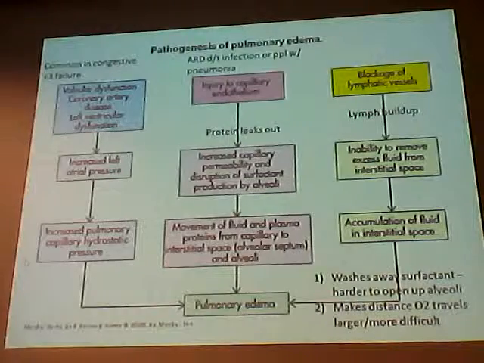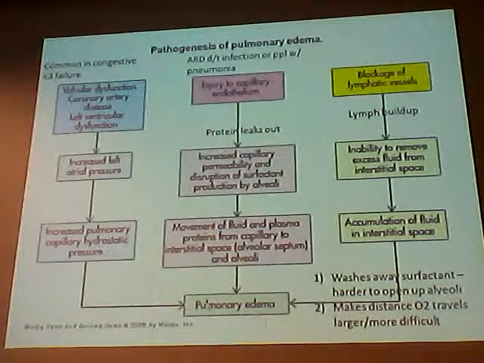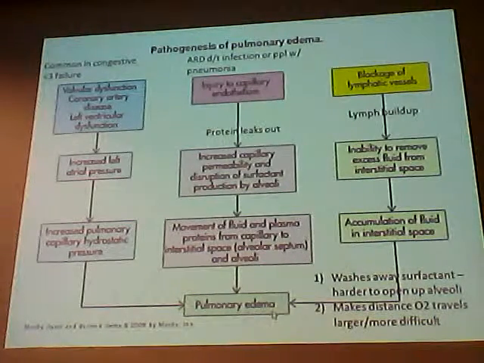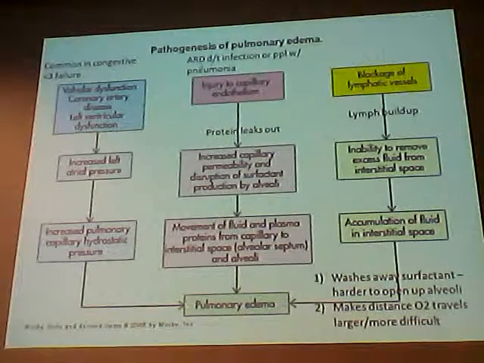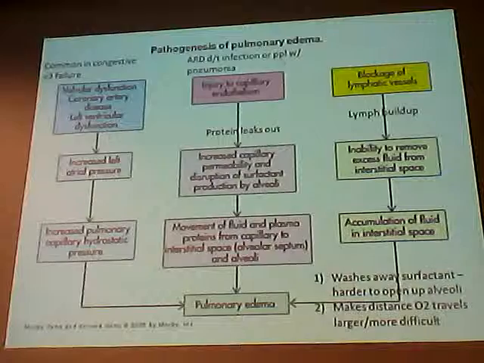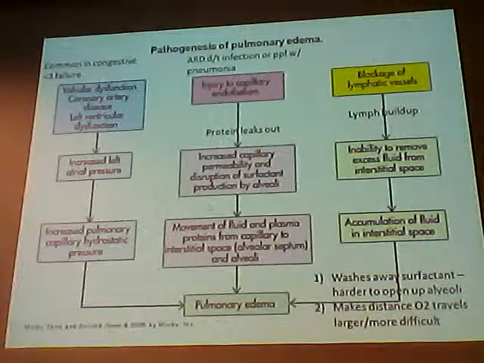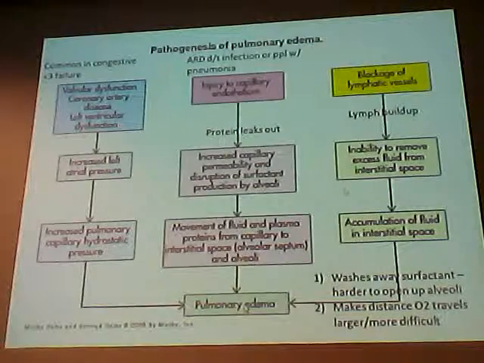And if it's not working, then you can build up pressure in the lung system, and that can feed back onto your actual lungs, and you have edema there. You could have ARDS, acute respiratory distress due to infection. So you have injury to your endothelium, proteins start leaking out, and because proteins leak out, fluid moves to where that protein is, and that's what could cause the edema.